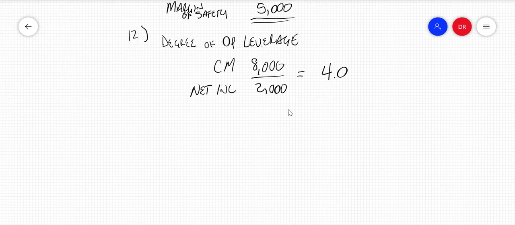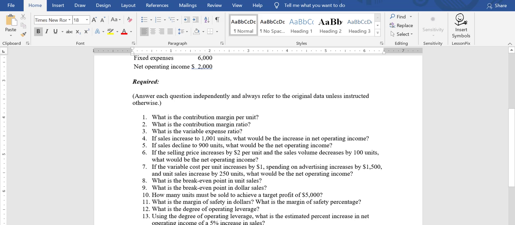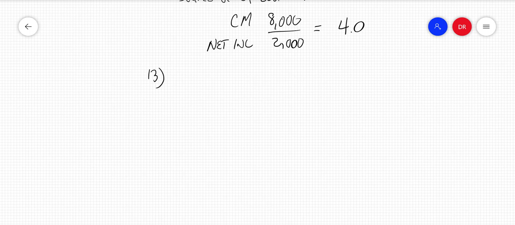What that means is, when we look at number 13, they're saying, using the degree of operating leverage, what's the estimated percent increase in net income from a 5% increase in sales?